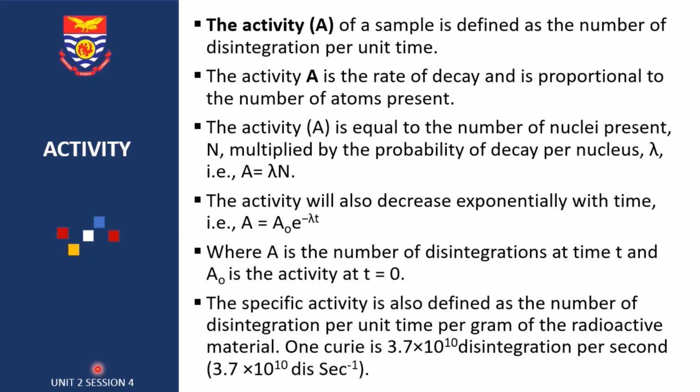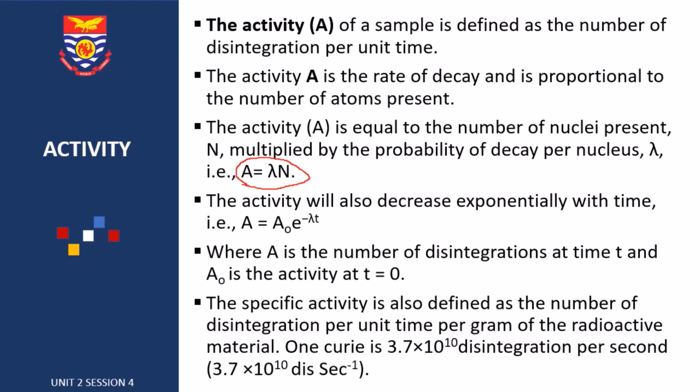This activity of radioactivity can be calculated. The activity, which is represented by the letter A, is given as the rate of disintegration times the initial amount of the radioactive substance present.